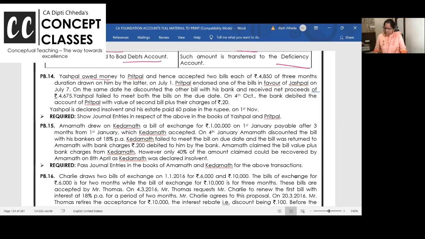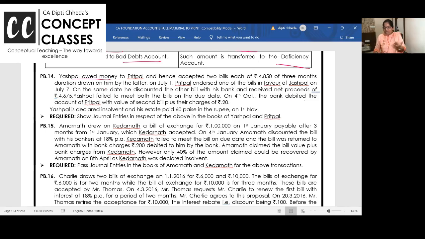On the same date, he discounted another bill with the bank and received net proceeds. Yashpal failed to meet both the bills on due date. You got my point? I have endorsed one bill and another bill I discounted. Both the bills are dishonored. The bank debited the account of Pritpal with the value of the second bill along with noting charges.